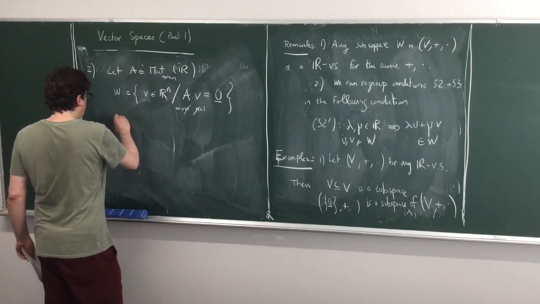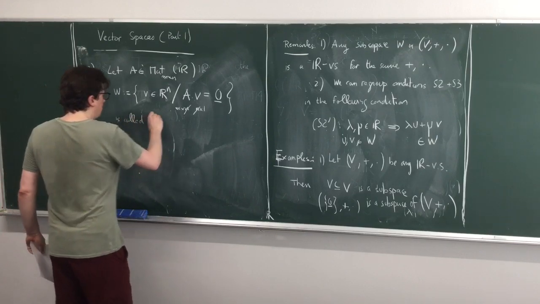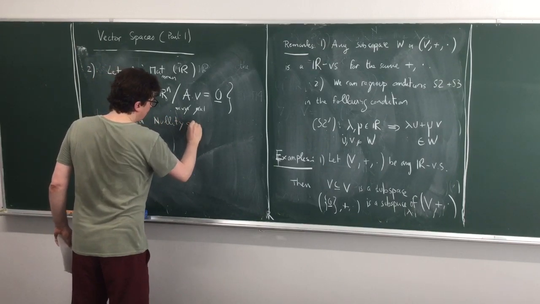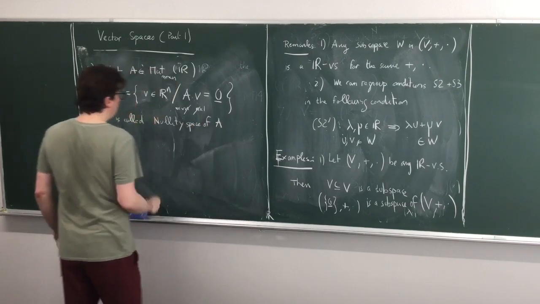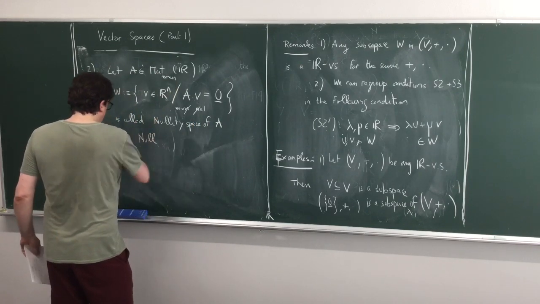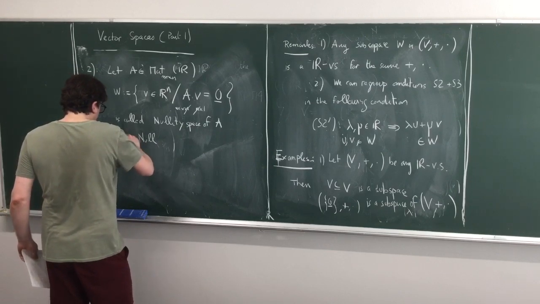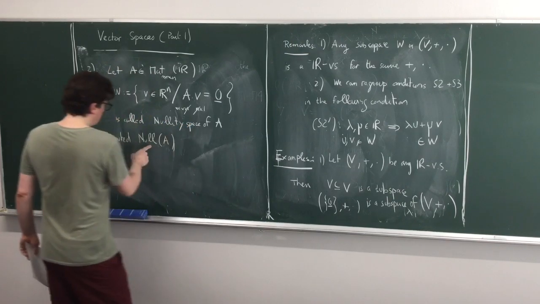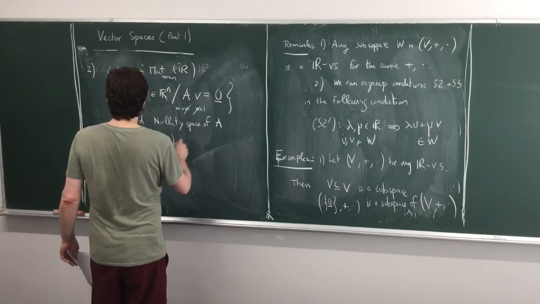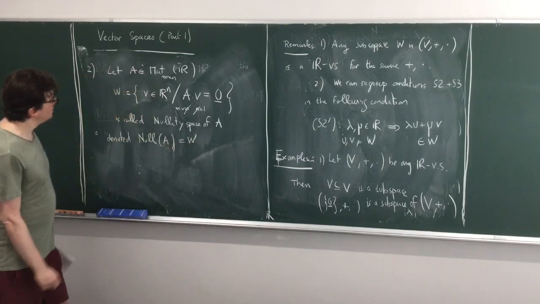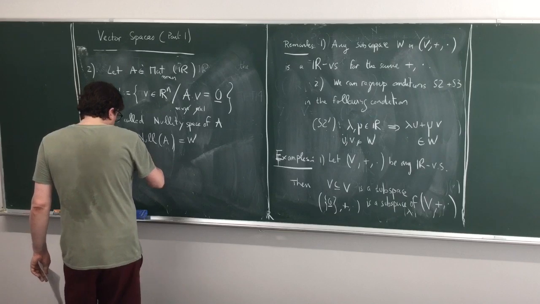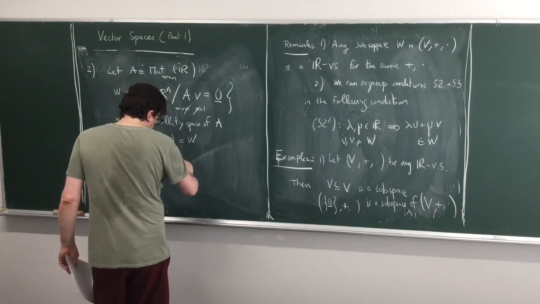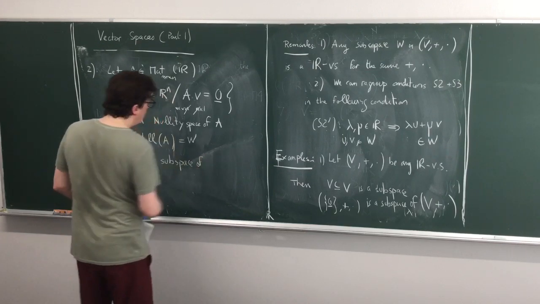This is called the null space of A. And I will denote this null of A. So null of A will be this W. This is in fact a subspace of what?